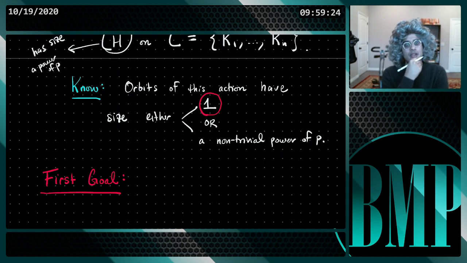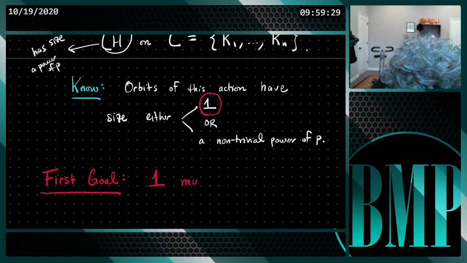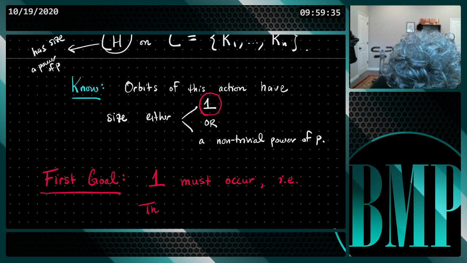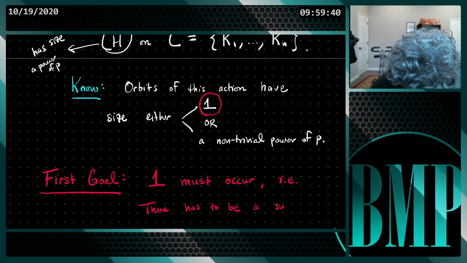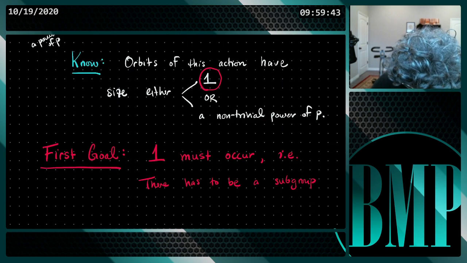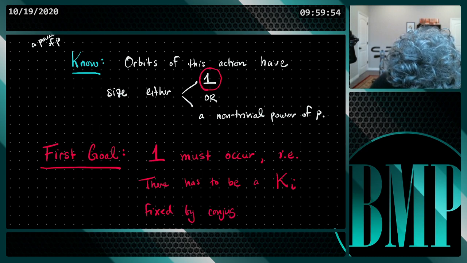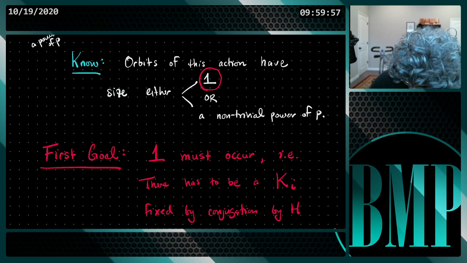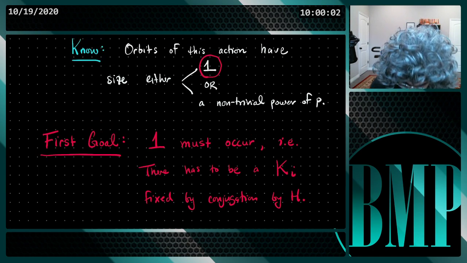The first thing we have to prove is that 1 must occur, i.e., there has to be a point fixed by conjugation by H.